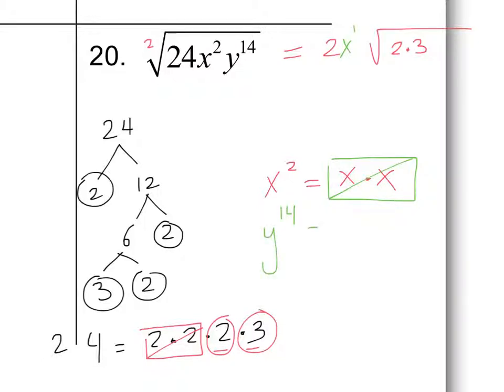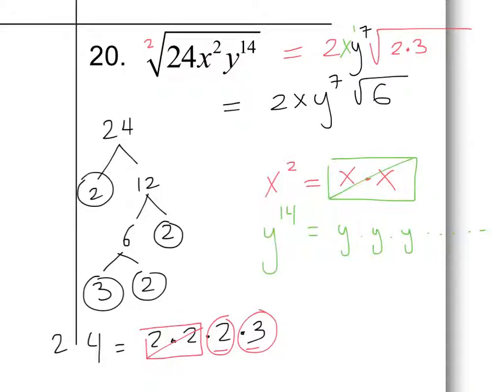Y to the 14th, I have 14 y's, so you can write y's as many times as you want and just pair them, and you will see that you will have 7 pairs, and that's why we divide the powers. So 14 divided by 2 is 7, so it's much easier to do it this way, just divide the power by the index. So the answer is going to be 2xy to the 7th square root of 6, and that would be my final answer.